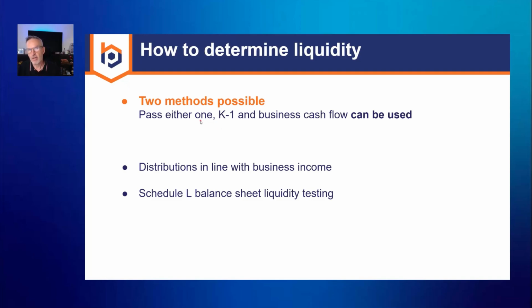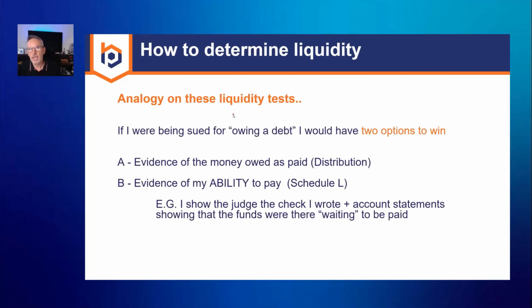So I use this analogy when I look at these 2 tests. If I was being sued by somebody because I owed them money in small claims court or wherever else, what would I do when I show up to court to prove that I was innocent of what I was being sued for? I would use distributions of payment. So if so-and-so said I owed $10,000 to them, and I said, no, I don't.